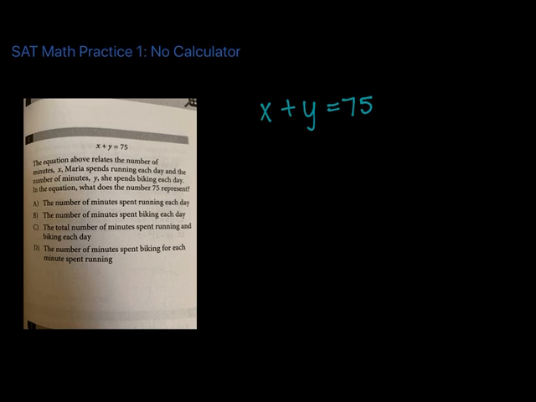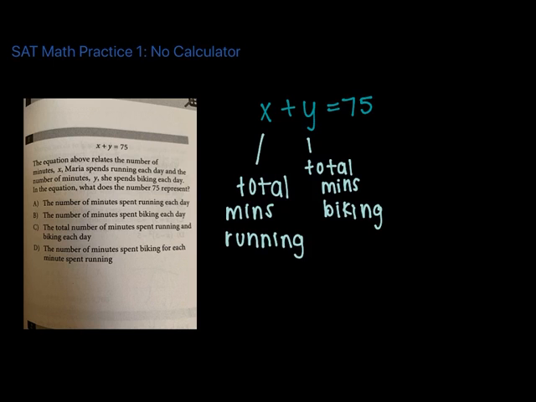So x plus y would equal the total number of minutes running plus the total number of minutes biking each day. And from that expression we get 75, and since we're adding x and y, 75 should be the total number of minutes Maria spends running and biking each day. So from the answer options, our answer would be C, the total number of minutes spent running and biking each day.